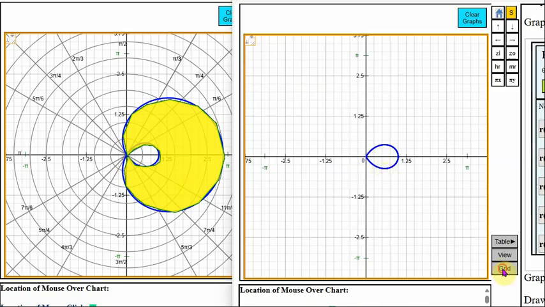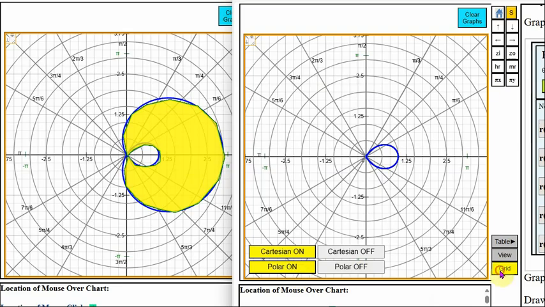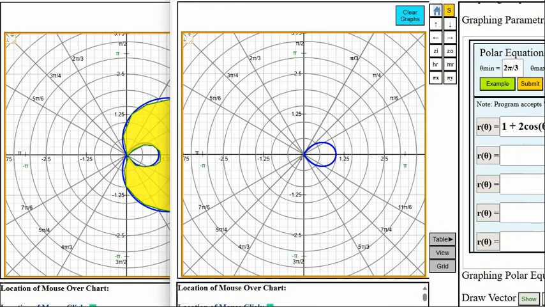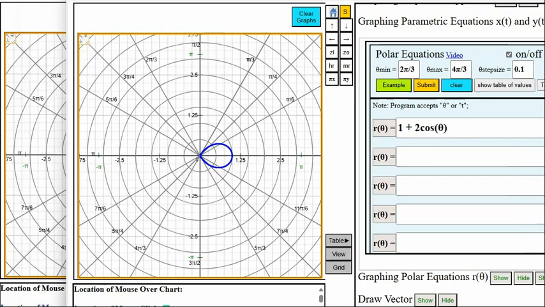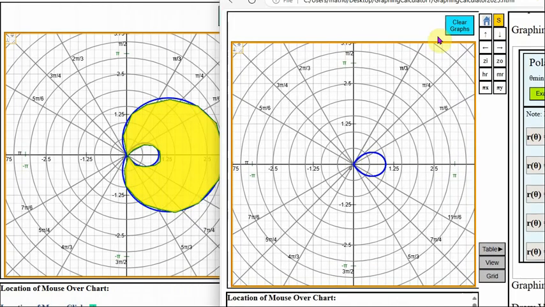This is what it looks like when theta runs from 2 pi over 3 to 4 pi over 3, and we can see that we get the inner loop. So what we want to do is find the area of the inner loop, and then find the area out here, and then subtract.